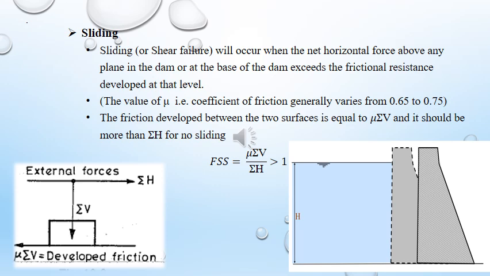So, the factor of safety against sliding, FSS, is mu times summation of V upon summation of H, and that should be more than 1.